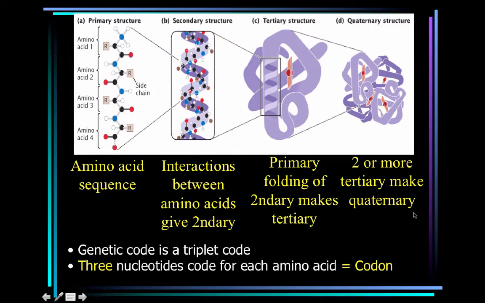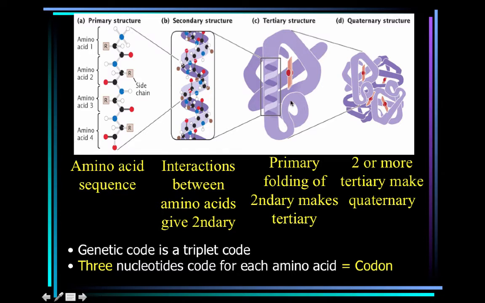So amino acids are really important because they're going to bind together into a sequence, and this sequence is then going to be folded up into a secondary structure, similar to the double-stranded double helix form, but this again is going to be single-stranded.